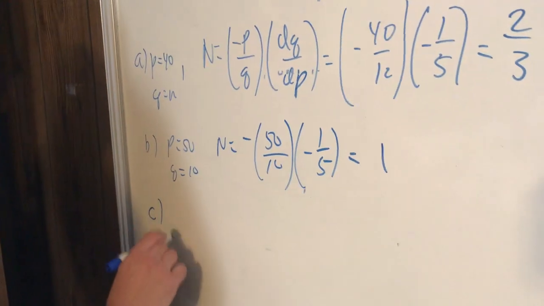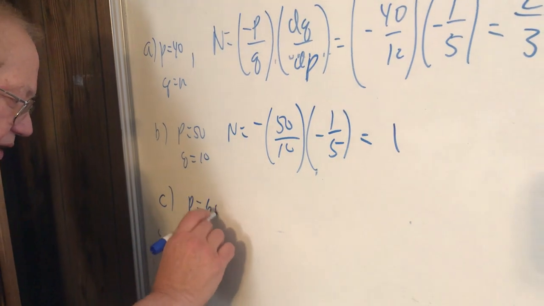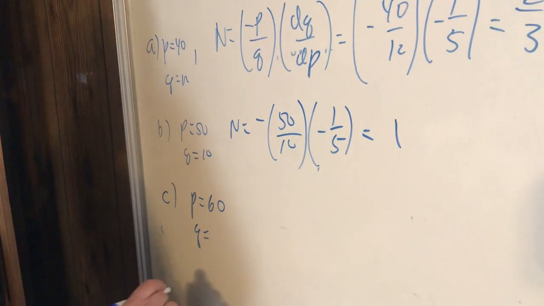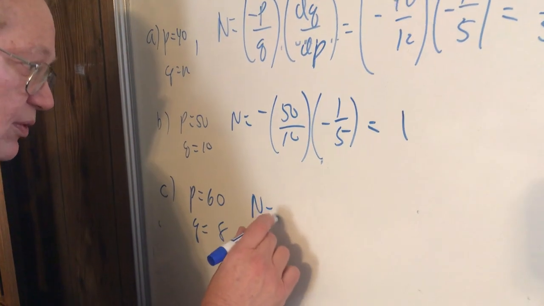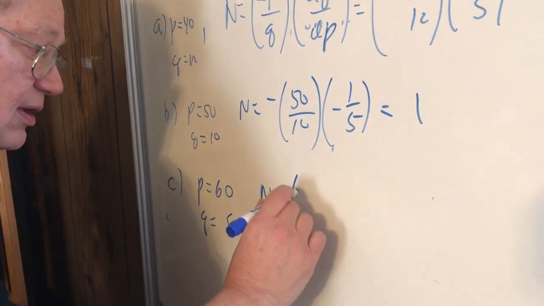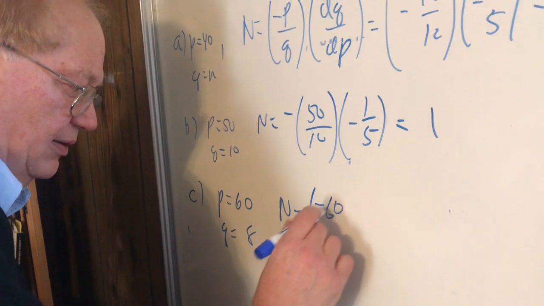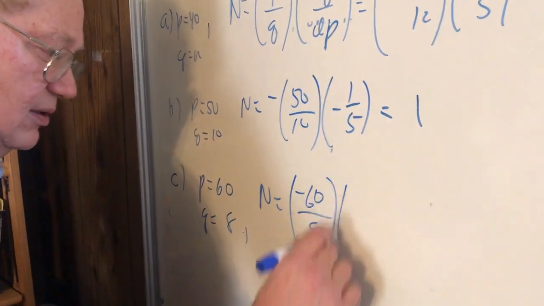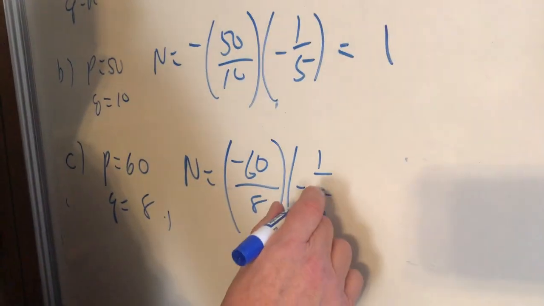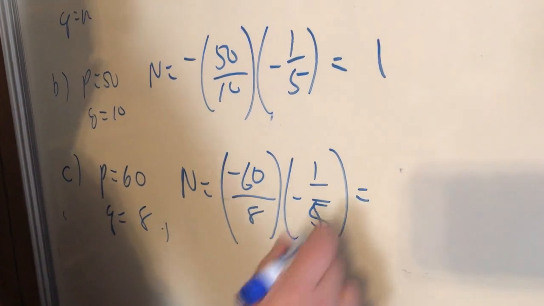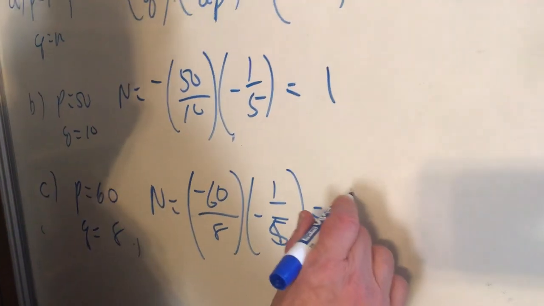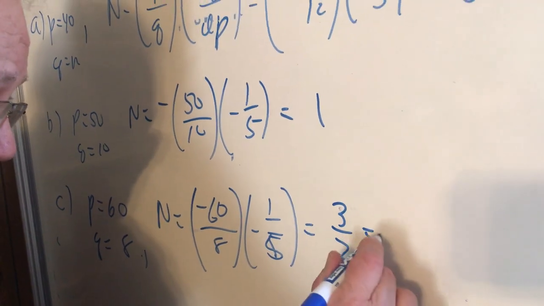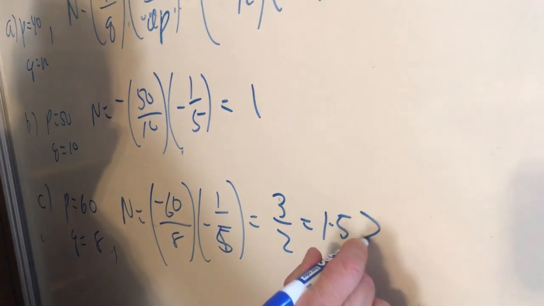Now C, P equals 60. I believe Q equals 8. So N equals minus 60 over 8 times minus 1/5. And that's another positive, but that is 3/2, and that's greater than 1.